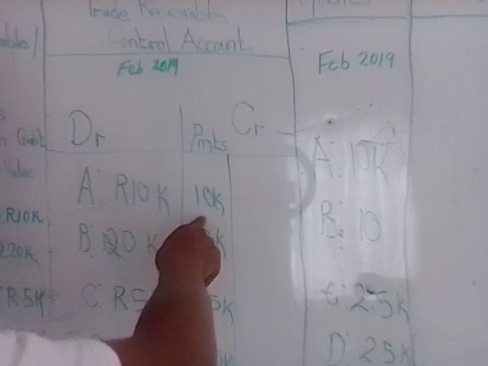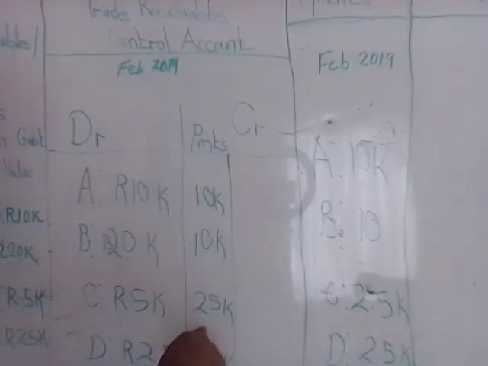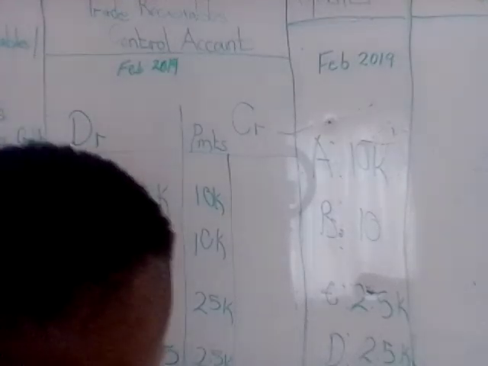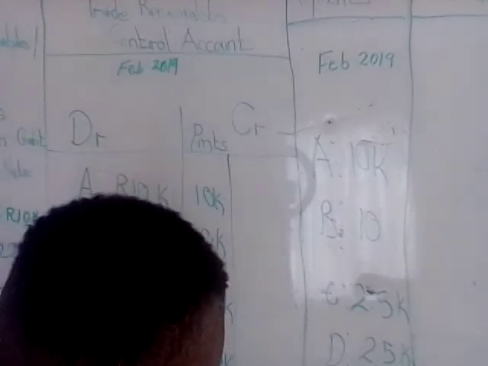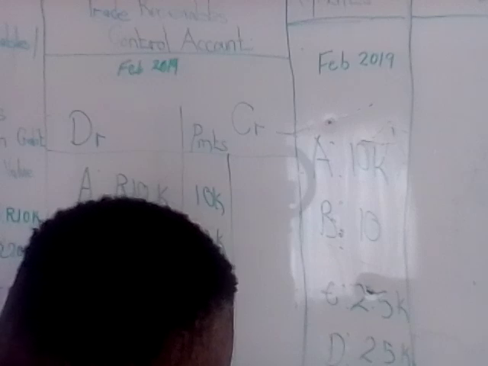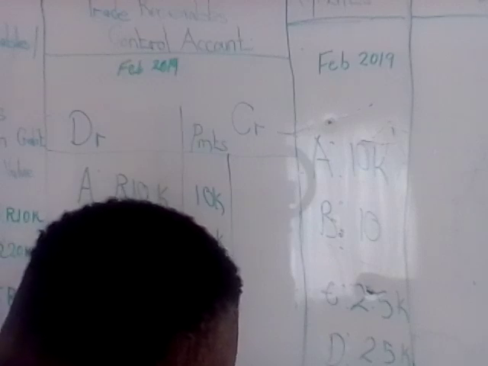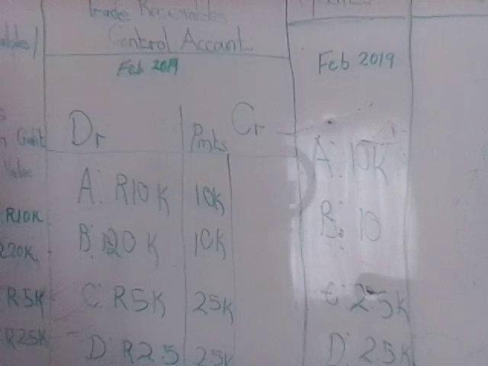So we paid 10,000 plus 10, 20 plus 2.5, which is 22.5, plus 2.5, which is 25,000 rands. So at that stage, the debtors balance would have been brought down by 25,000 rand against 39,000 rands.